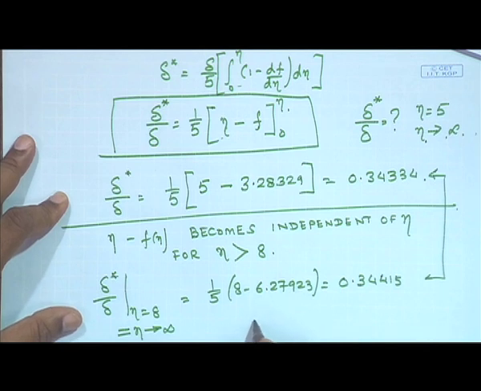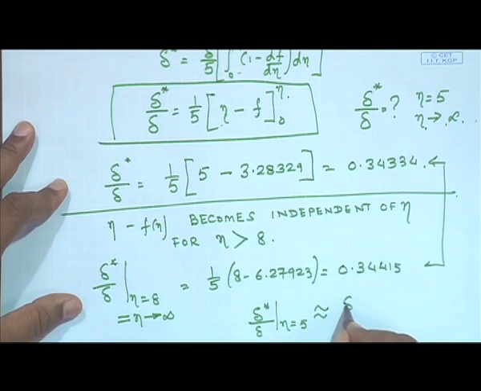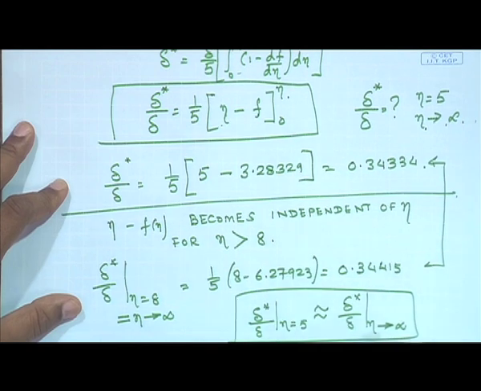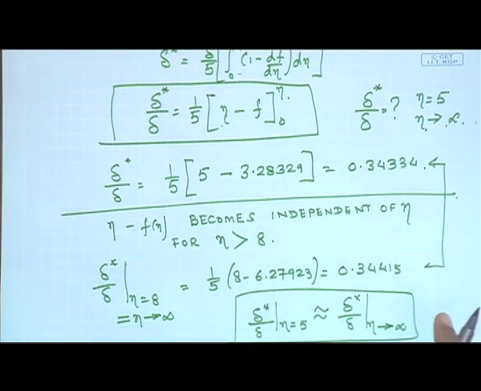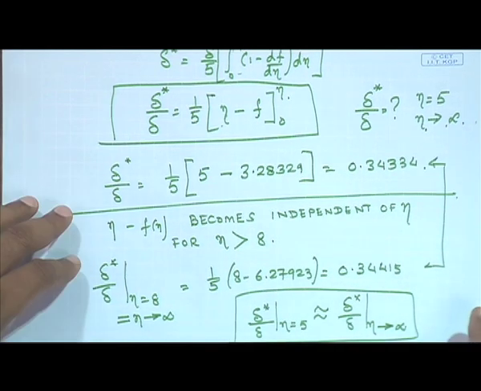Delta star by delta at eta equals 5 is almost equal to delta star by delta as eta tends to infinity. So this is what you would see. Just the use of the table would give you some idea of how the displacement thickness varies for different values of eta, for different values of y, and so on.